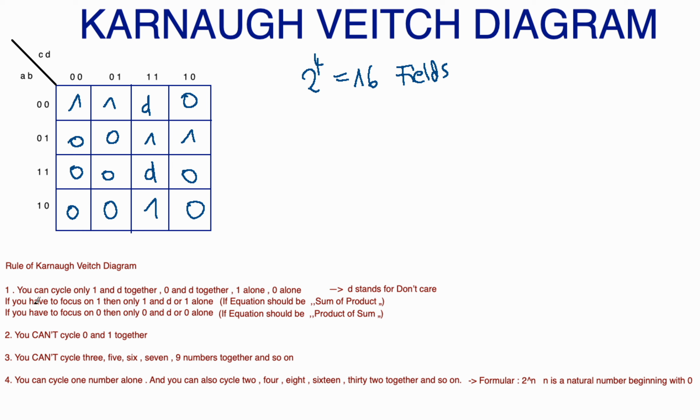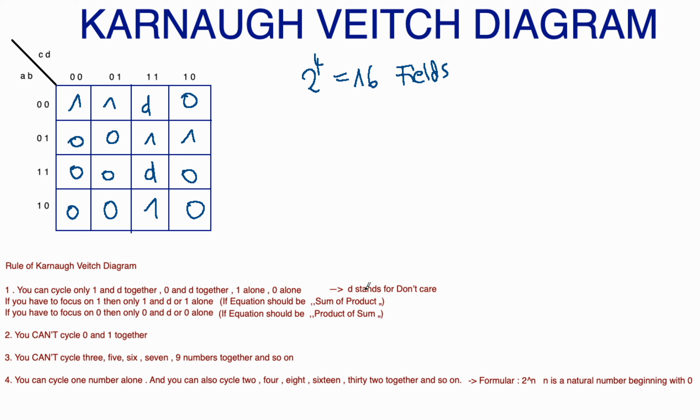What you should also attend to: if you have to focus on one, then only 1 and D, or 1 alone. That means it depends on sum of product and product of sum. If your equation should be sum of product, then you should focus on 1. And if D also comes as a number, then you should cycle D and 1 together.